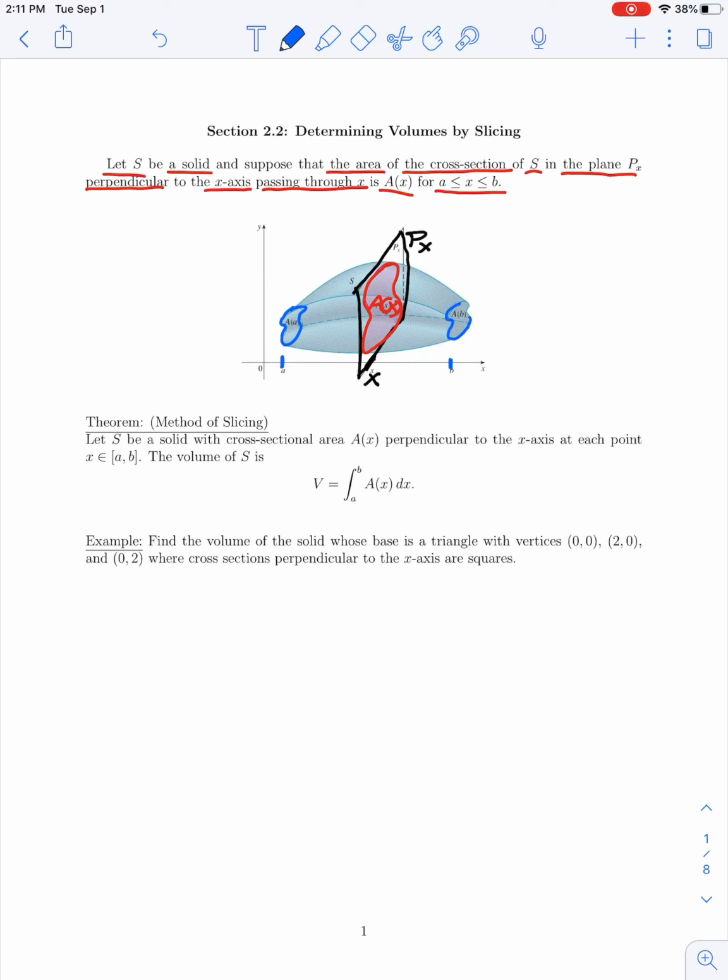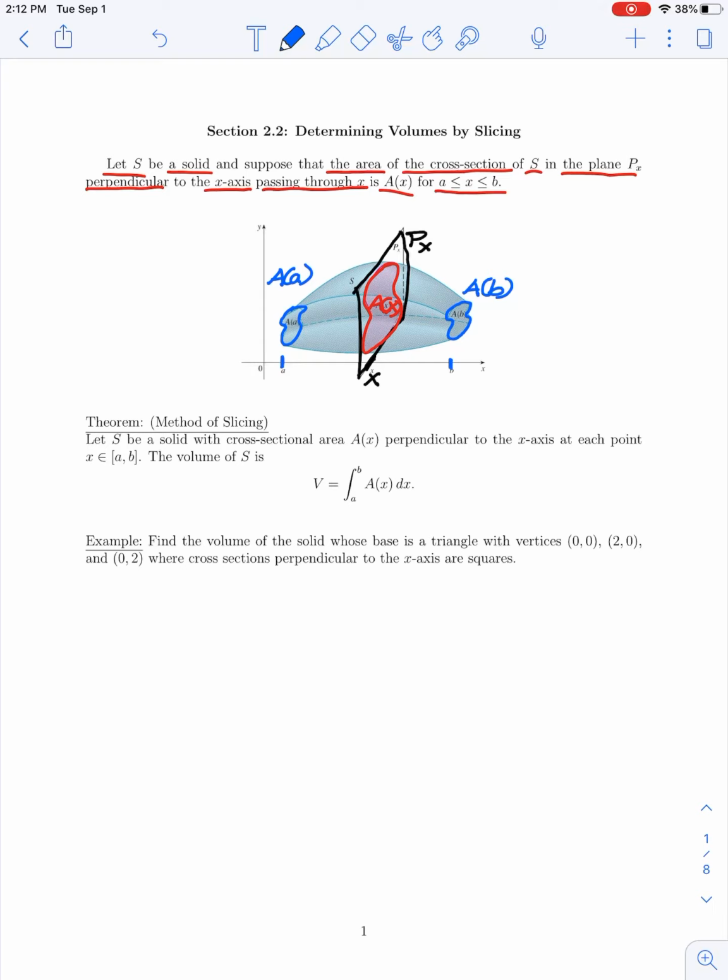And then on this end of our solid, when x is equal to B, we have the area of that cross-section. So that's what we're calling capital A of A or capital A of B, or in general for any value x between A and B, the area of our cross-section is given by A of x.